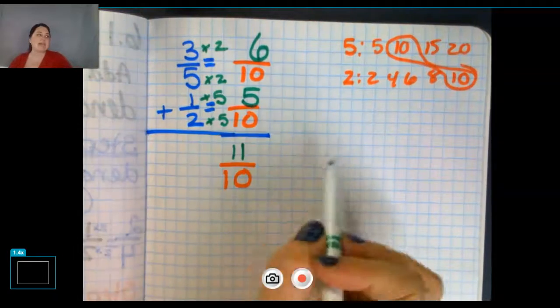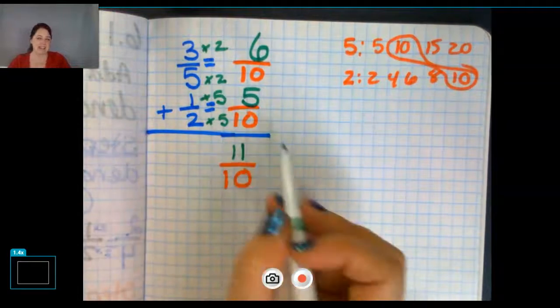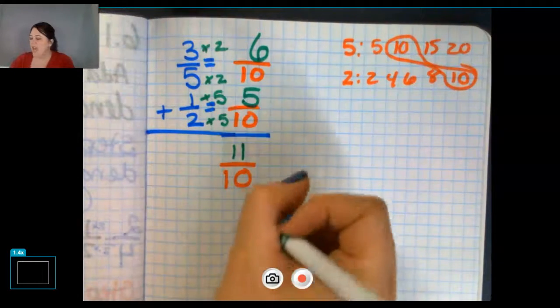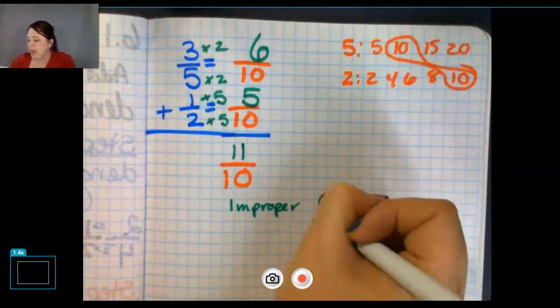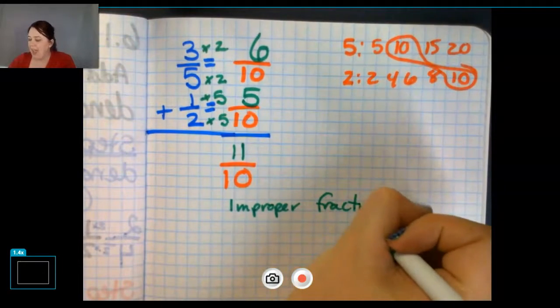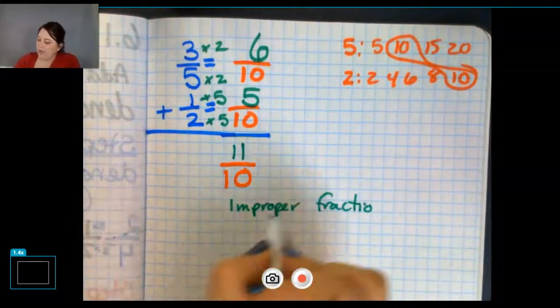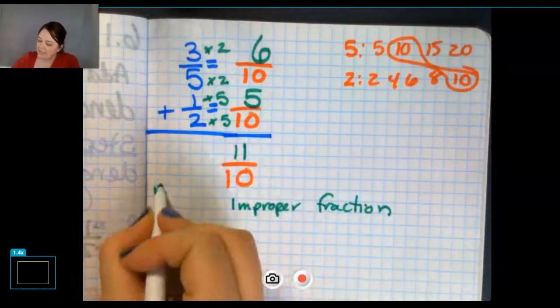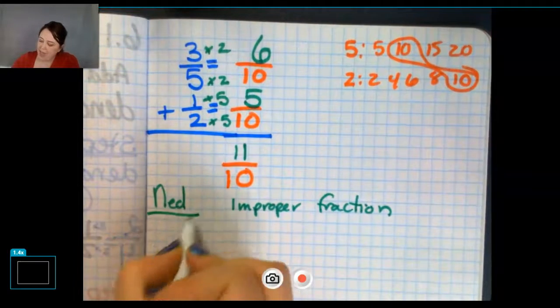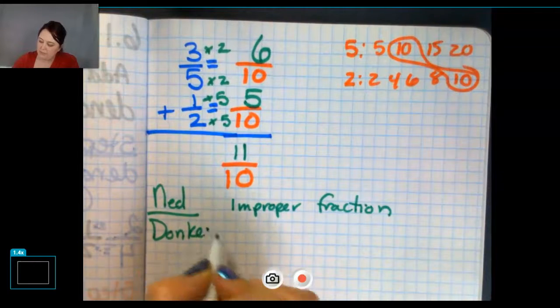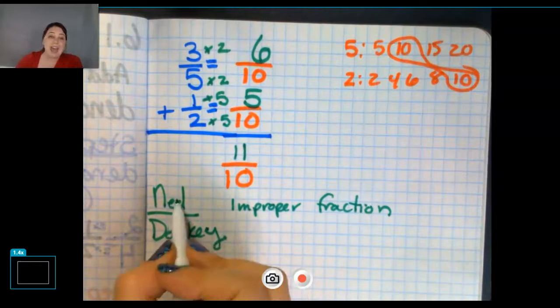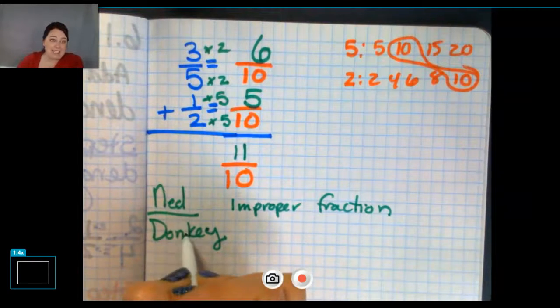If you see something like this, that is called an improper fraction. And I tell the story about Ned, the numerator, and his donkey, the denominator. Ned can never get bigger than his donkey.